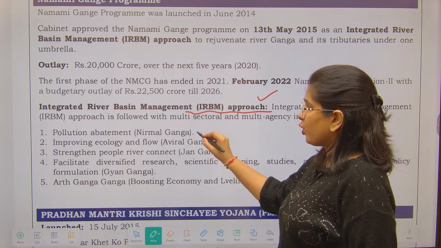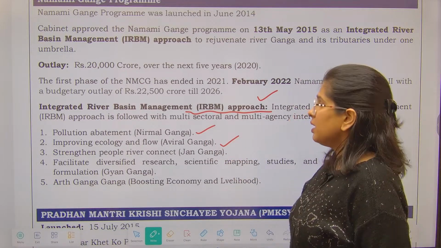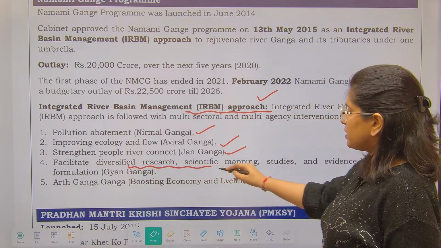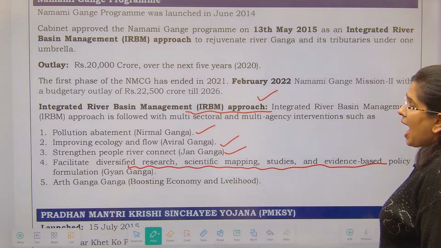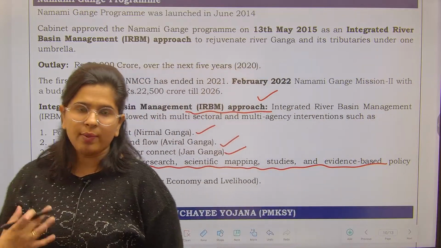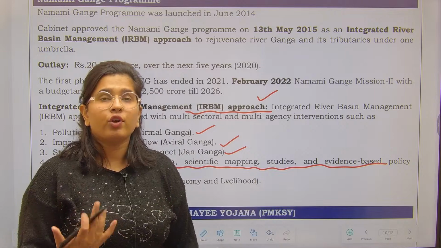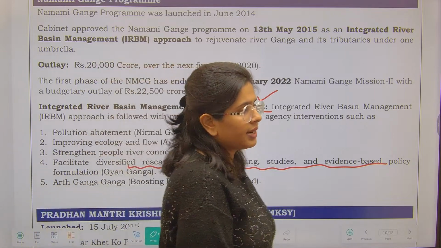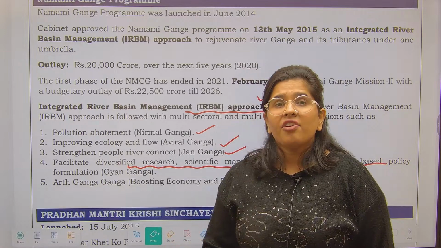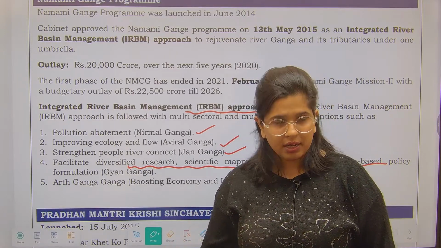Number one, obviously pollution abatement, improving ecology and the flow of the river. Then strengthening the river connect, facilitating diversified research, scientific mapping, studies and evidence-based policy formulation. That means more and more study. For example, one study was conducted on the presence of heavy metal items in the river Ganga, right?